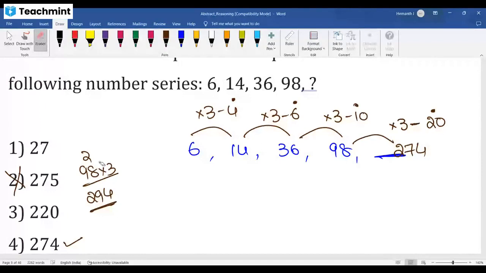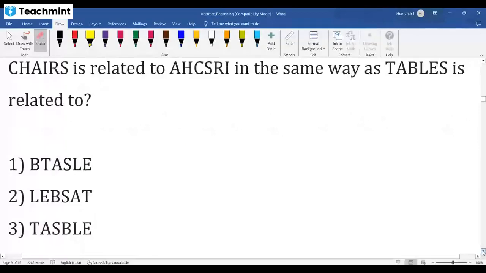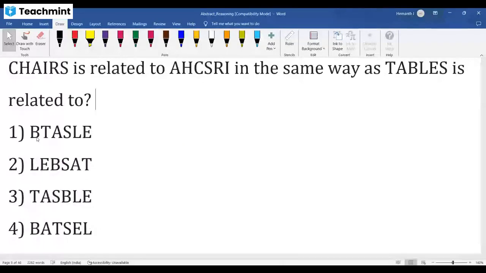Next one. I think everybody can handle this. What's the answer for this? Answer, please.